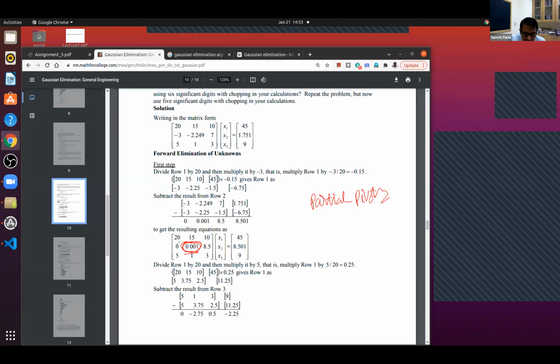Here, if you check these 2 rows, the third row has a value of 1 and this is 0.001. So we want to swap this because we want a big value as the pivot, since dividing by small values causes numerical instability.